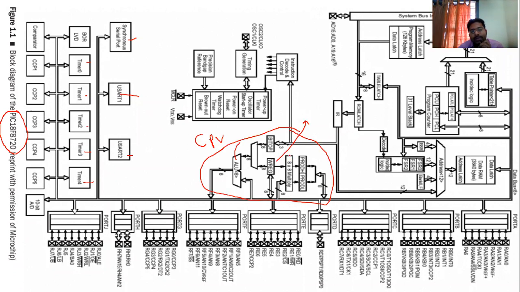How many bits? Almost all the PIC 18 are 8-bit controllers, 8-bit PIC controllers. The registers available in this ALU, this CPU, are almost all 8 bits. That's why you can consider it an 8-bit controller.